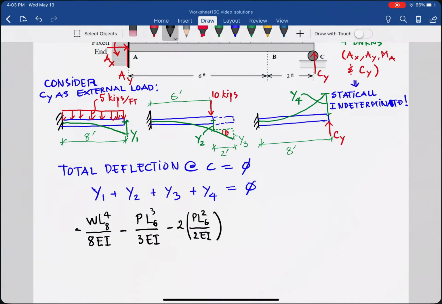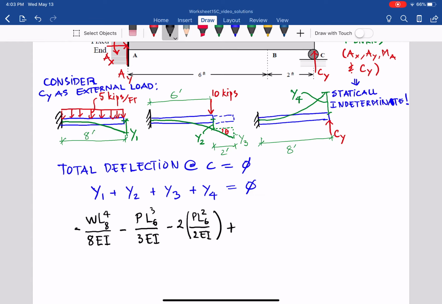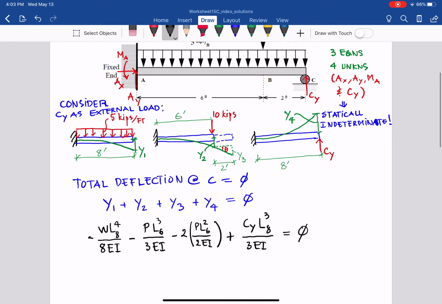P now is CY, so we have plus CY, and L in this case is 8 feet, so 8 cubed over 3EI, and positive because that is put up in there. So it equals 0. The total deflection at point C has to be 0.